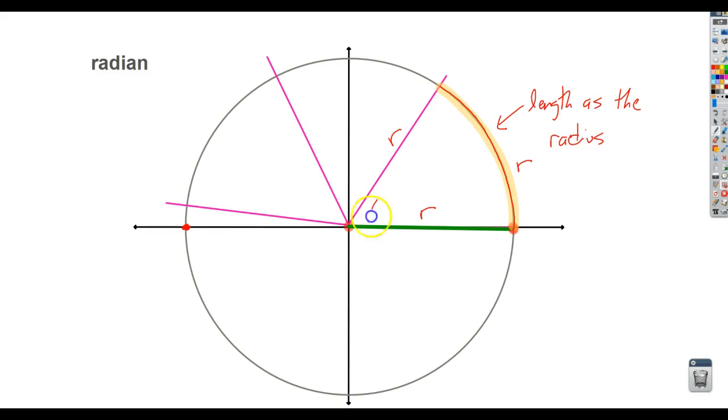The generic term we use for angles is theta, this one here. So what we want to talk about is how much does it actually go.